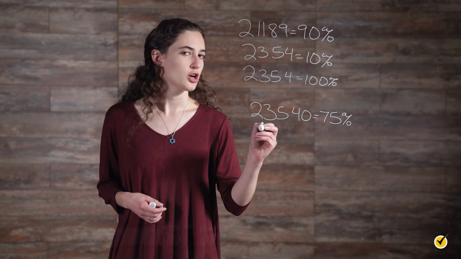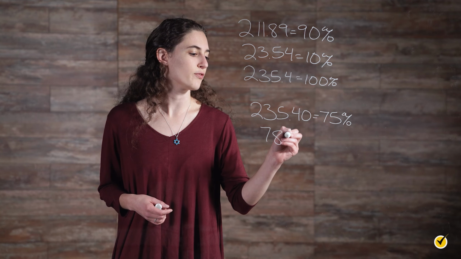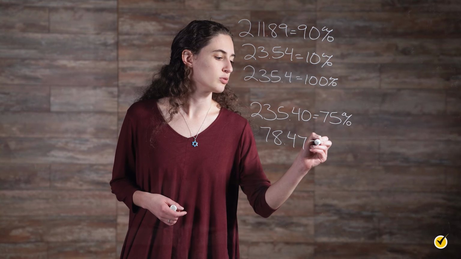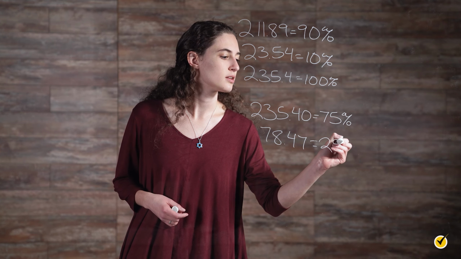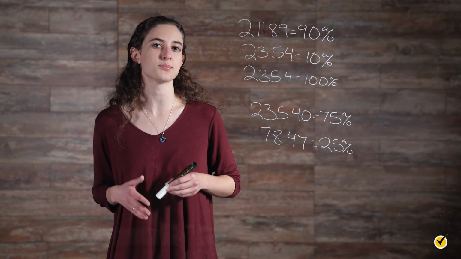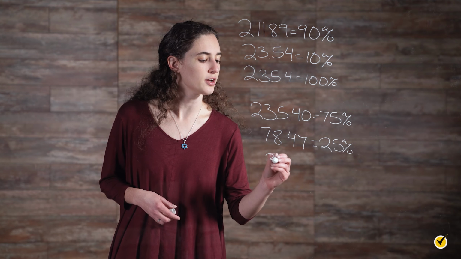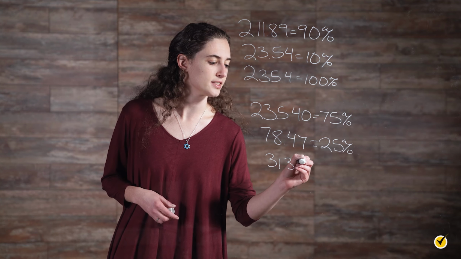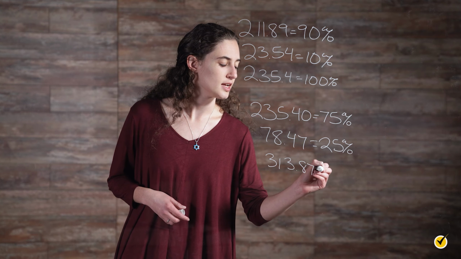From here, if you divide each side by 3, you'll get $78.47 is equal to 25%. Then we'll multiply both sides by 4 to get $313.87 is equal to 100%.